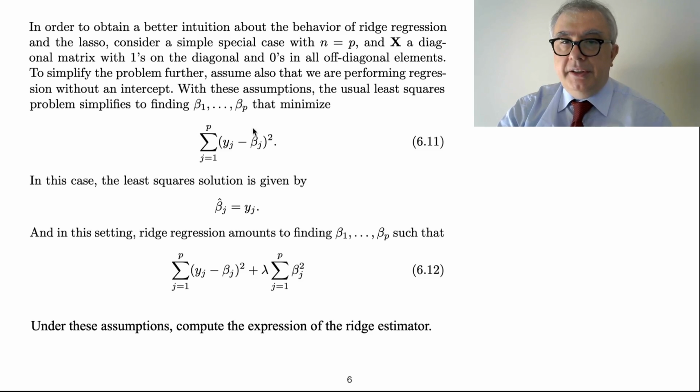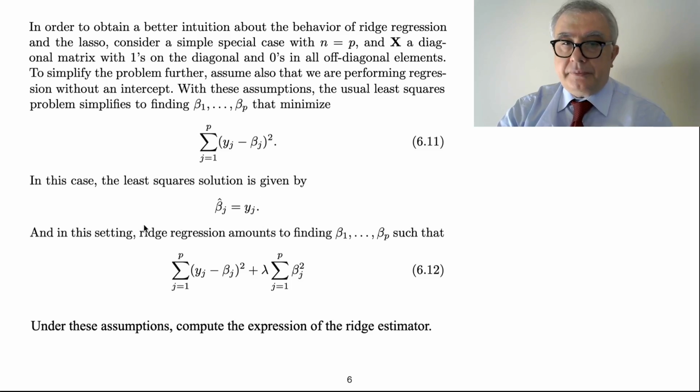And in this case, if we use the least squares, this would be the cost function. These are the residuals, the sum of squared residuals. And of course, the least squares solution is just beta hat j equal y j.